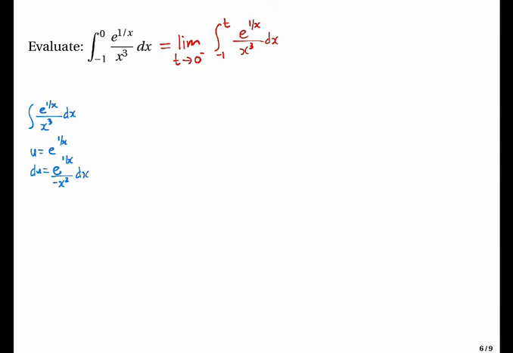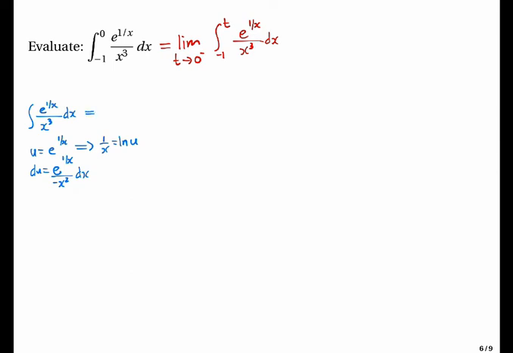So we have the e raised to 1 over x, we have the x squared, and we will be left with 1 over x in here. From this expression, we get 1 over x equals ln of u.